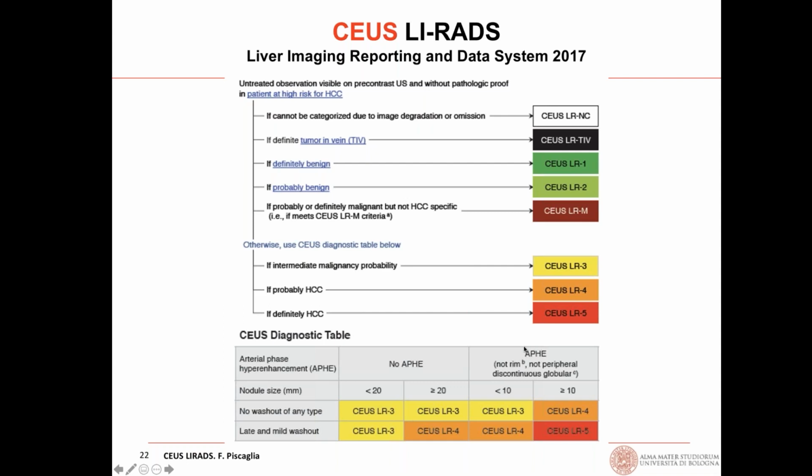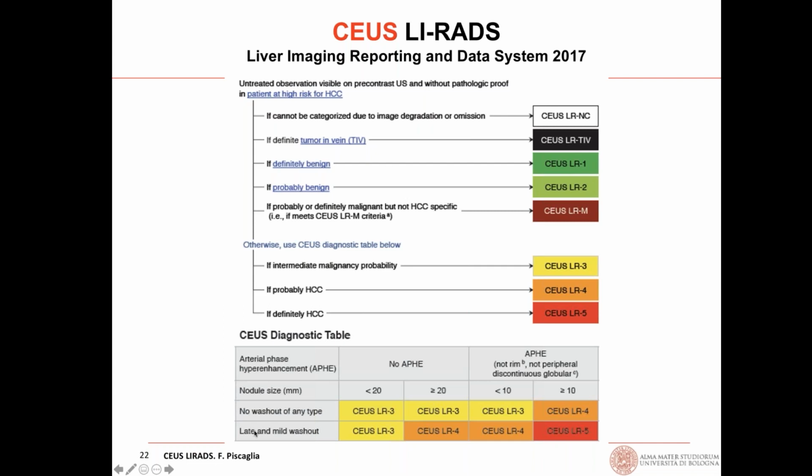So arterial phase hyperenhancement, not rim and not peripheral discontinuous globular, which are typical of metastasis of non-hepatocellular cancer and hemangioma respectively, followed by absence of washout, more than 10 millimeters, is LR4, whereas if the washout is present, it is LR5 only if it is late.